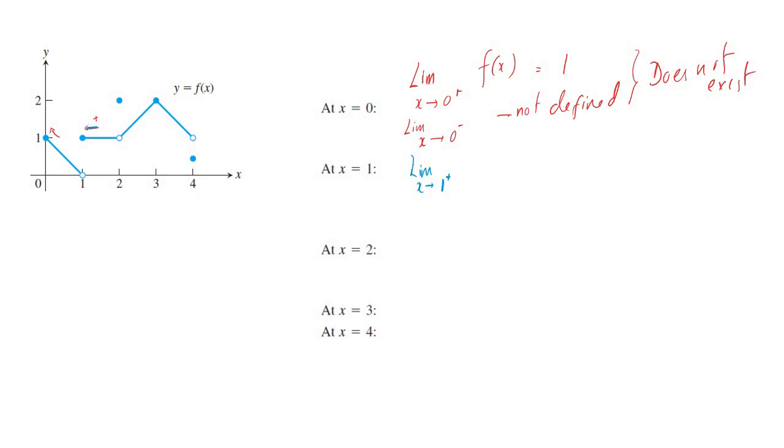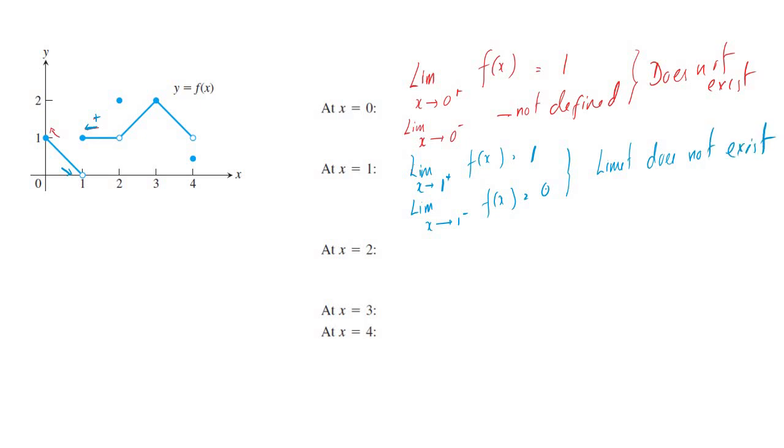From the positive side, we see that f(x) tends to 1. From the negative side, the limit as x tends to 1 from the negative side, f(x) is equal to 0. And these two are not equal, so the limit does not exist.